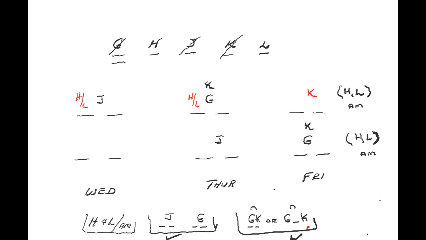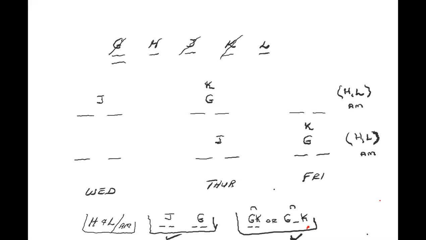No, G is Thursday afternoon. E, L is Friday morning. No. So the answer to question number 20 is B for Brutus. Let me erase this. And again, if you didn't get to this hypothetical because it was the last one and you went in order, it's a psychometric test and you blew it.